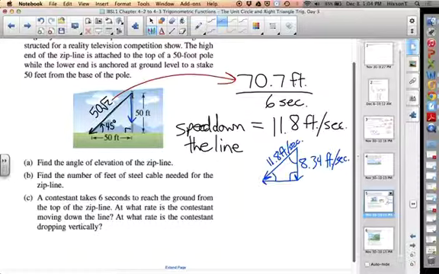It looks like the vertical is lower than the zip line fall. It says the vertical will be 8 feet per second, and this is 11.8 feet per second. But when you're falling vertically, shouldn't you be faster? Well, if we were actually just falling straight down, yes.